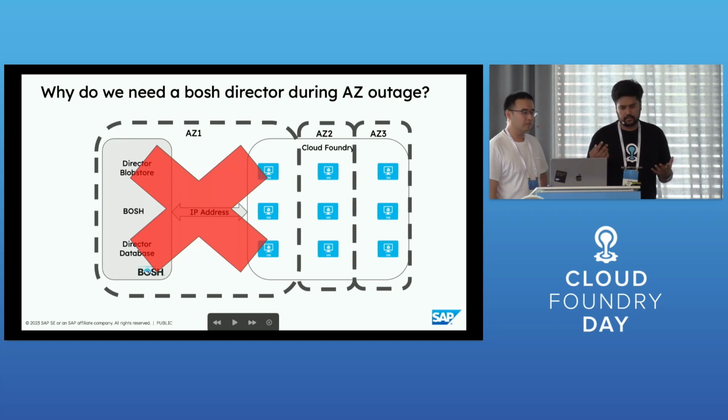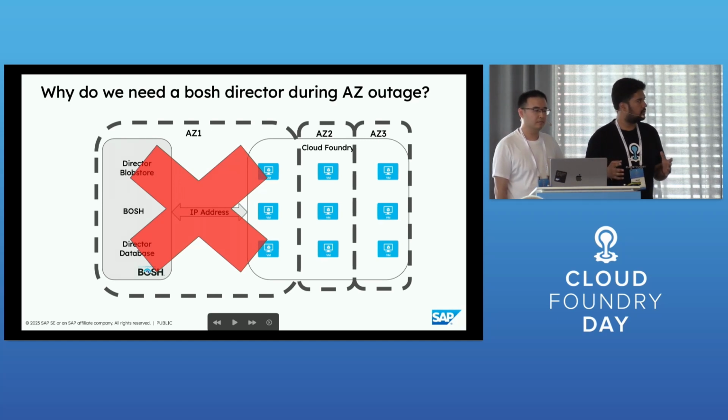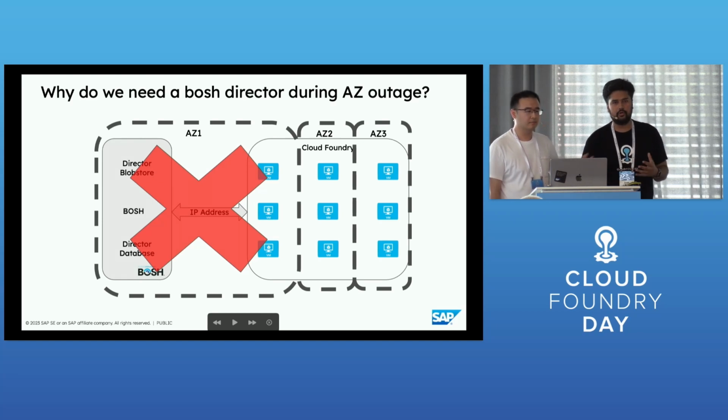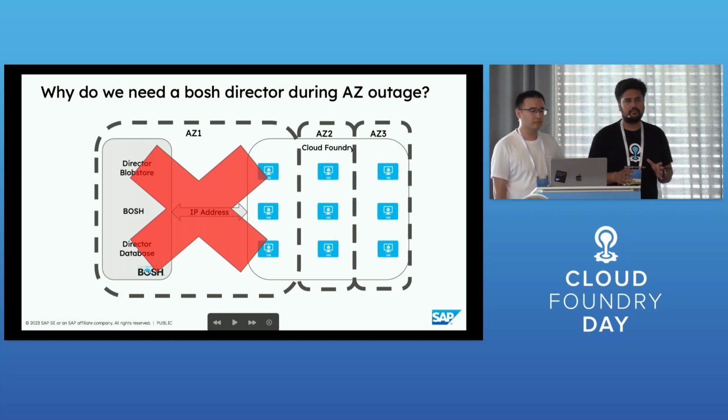It monitors our Cloud Foundry VMs, provides regular updates, does health monitoring, and provides scan and fix tasks. So BOSH has a very important role. In case there is no AZ1, there are none of these services.